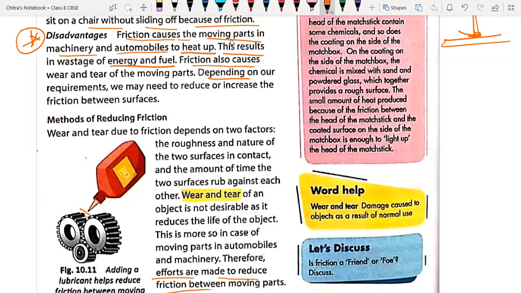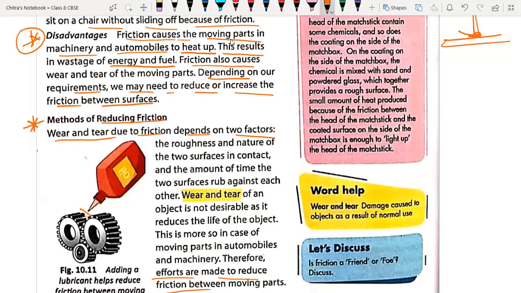Depending on our requirement, we may need to reduce or increase the friction between the surfaces in contact. Now we are going to discuss the methods of reducing friction. Wear and tear due to friction depends on the two surfaces in contact with each other.